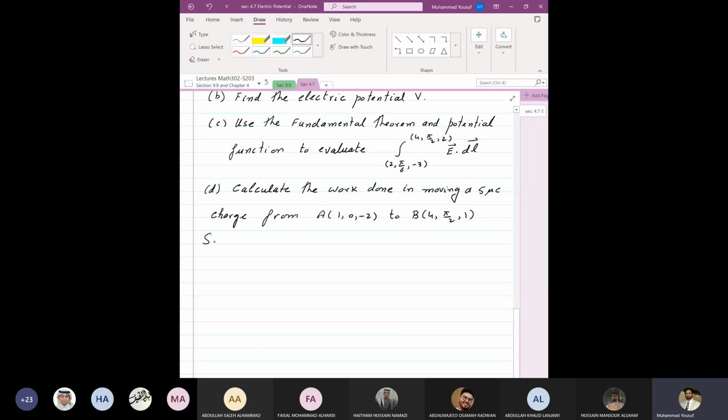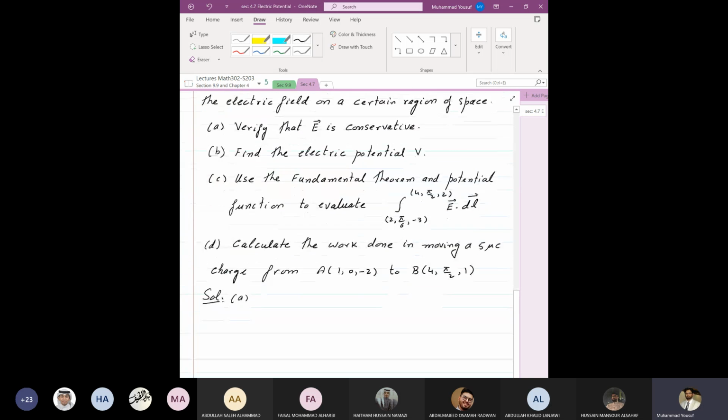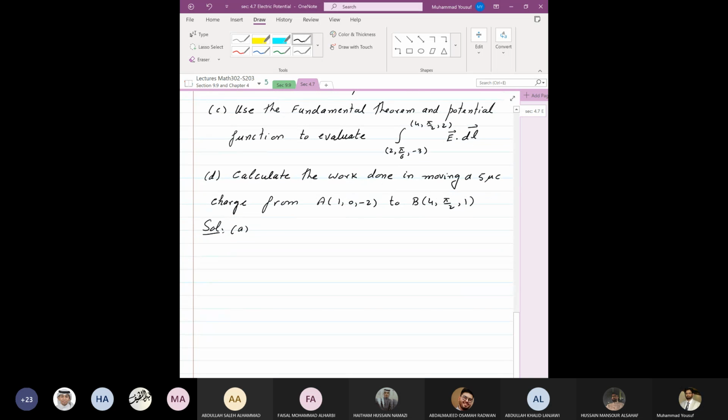Now the solution starts from here. Part 1 is to verify that E is conservative.